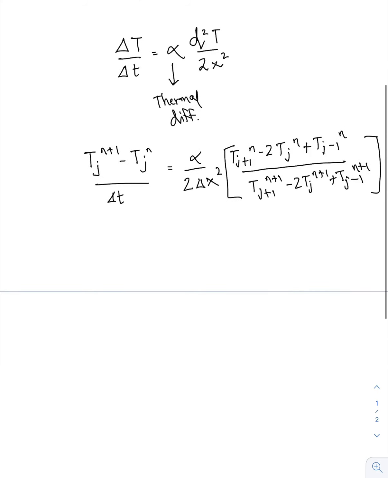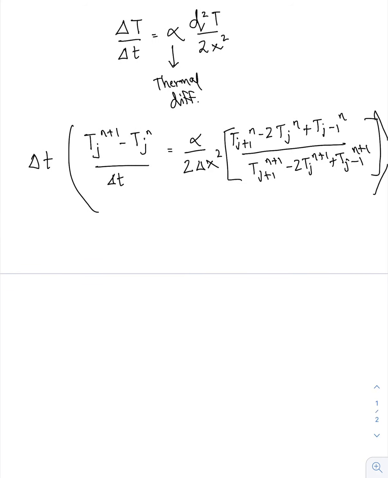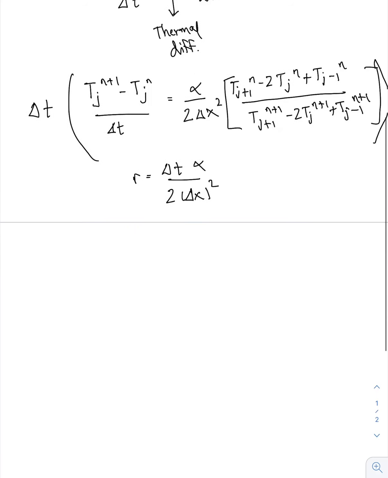And so to simplify, we're going to be multiplying each side by delta t. But before we do that, we want to recognize the r value given in lecture, which is delta t alpha over 2 delta x squared.